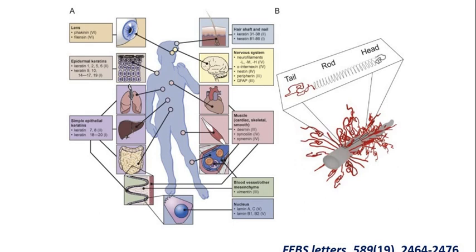You have epidermal keratins: keratin 1, 2, 5, 6, 9, 10, 14 and 17. You have simple epithelial keratins, such as keratin 7, 8, 18 and 20. We also have, in hair shaft and nail, keratin 31 to 38 and 81 to 86.